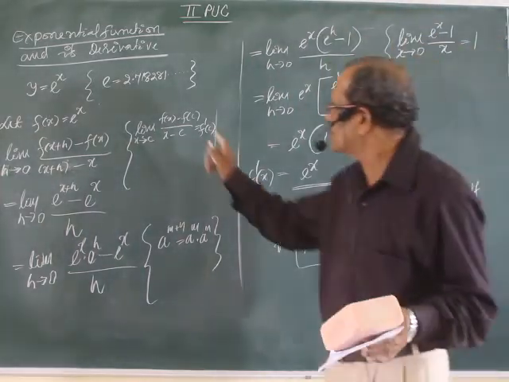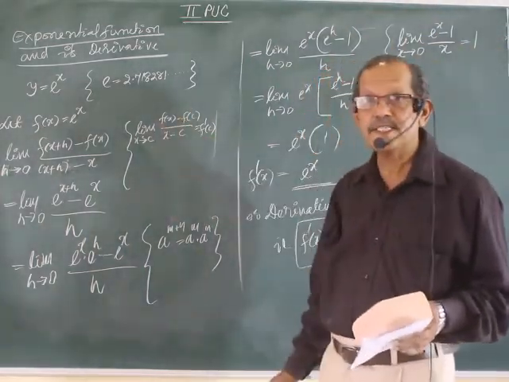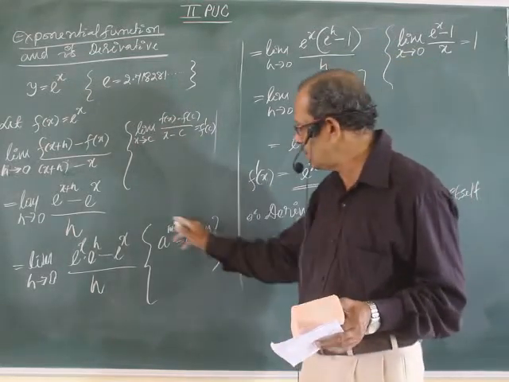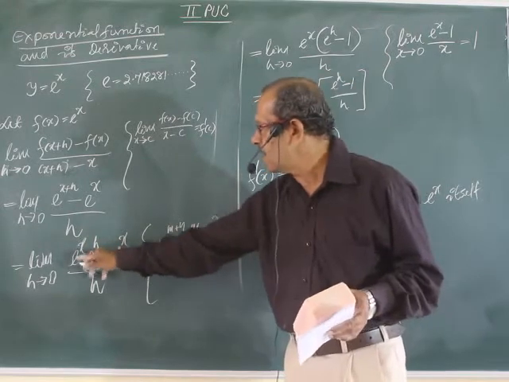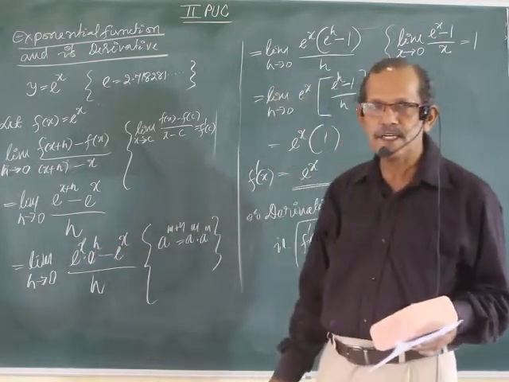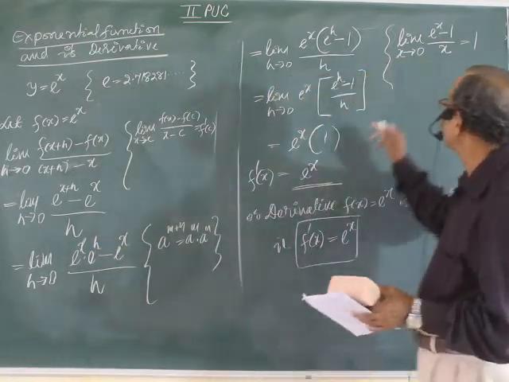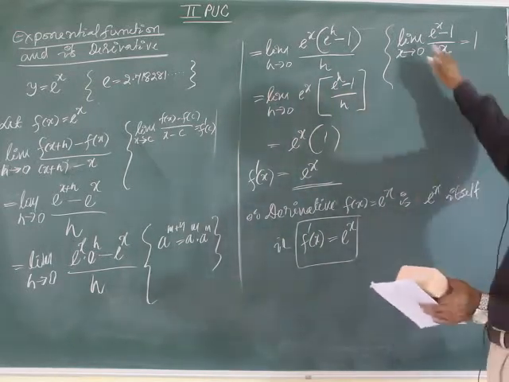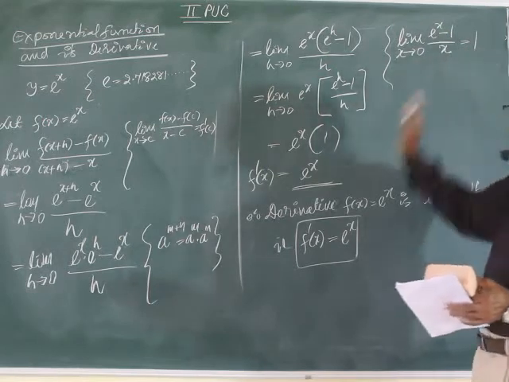Here the main thing is you have to use the definition of differentiability, the derivative, how to find the derivative. After that you may have to use this particular formula. Why have you written it as e to the power x into e to the power h? After that, this one is very, very important from the first PUC: the limit of this particular function is 1.